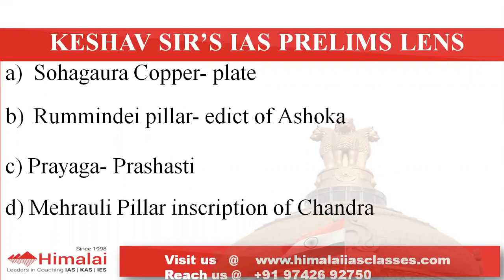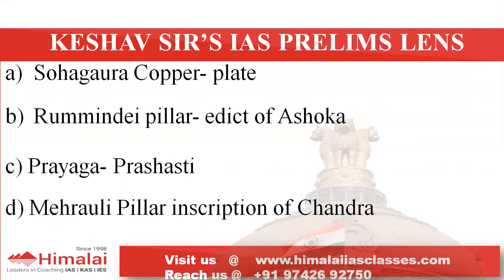Sohgaura copper plate is the oldest Indian copper plate inscription. It is written in Prakrit language. Carbon dating estimates it around 3rd century BC, and it was found in present day Uttar Pradesh, and it possibly belongs to the Mauryan Empire.